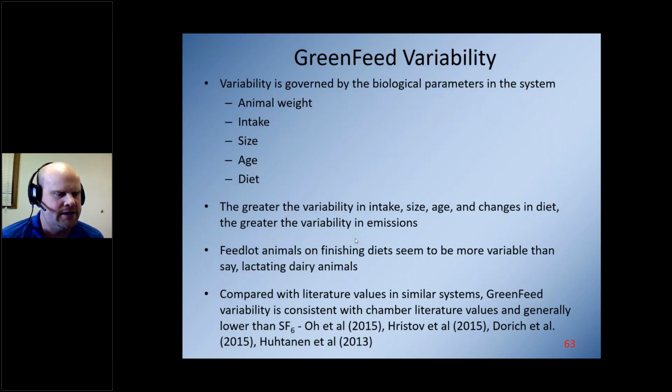So if people ask if GreenFeed's variable, the answer would be it's generally in line with other methods, or in some cases lower. And if you sometimes see other studies using other methods such as sniffers or lasers, and the between animal variability is reported as quite high, that's actually a result more of the measurement method than actual observed between animal variability in the environment.